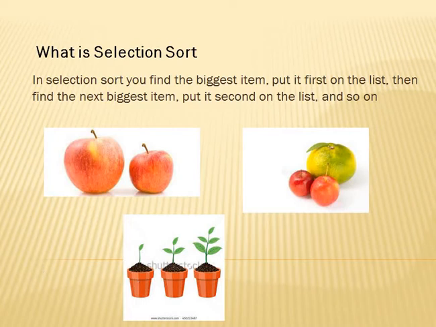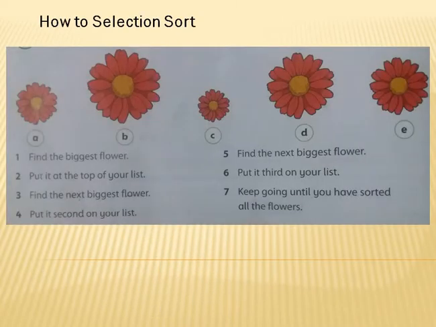Now let me give you one more example of selection sort. For example, you have five flowers here: A, B, C, D, and E. Each flower has its own size, which is different from any other flower.